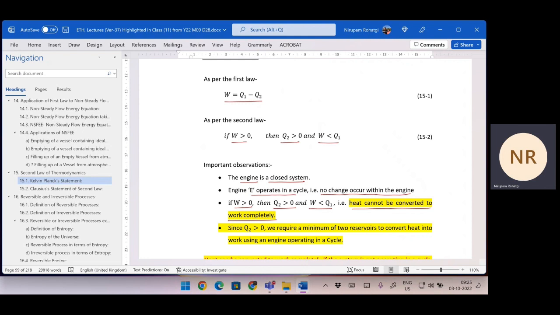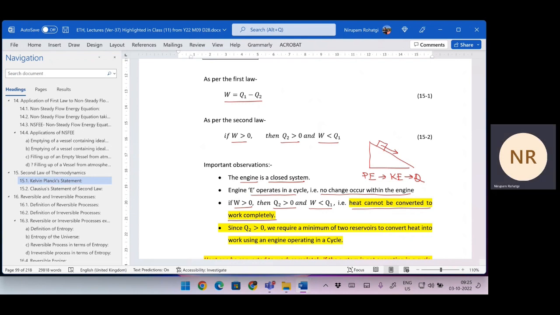Friction is the method. Say some block is sliding on an incline, right? From a height, you have an incline here. The block is coming here. What is happening? The potential energy is getting converted into kinetic energy and then, by friction, into heat. This is a 100% conversion. All the potential energy goes into kinetic energy and all the kinetic energy goes into heat.